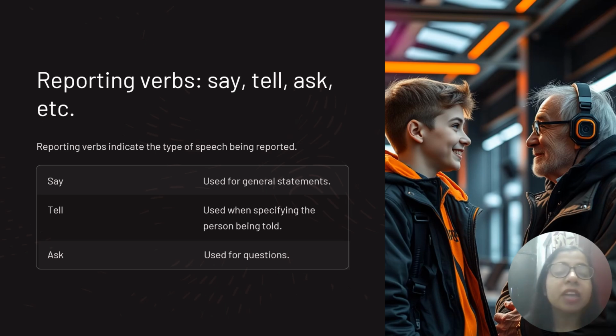But if I tell one boy, Sahil, to tell everyone that I won't take the class today, Sahil will say to everyone, ma'am told me that she would not take the class this day. So here's the difference between say and tell.